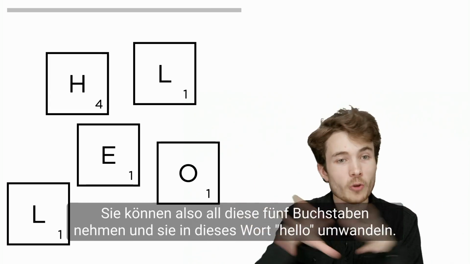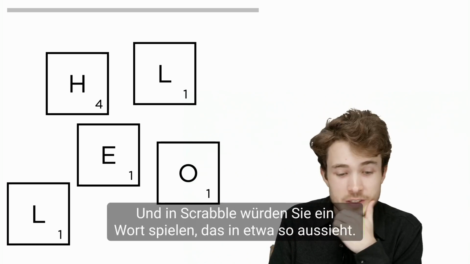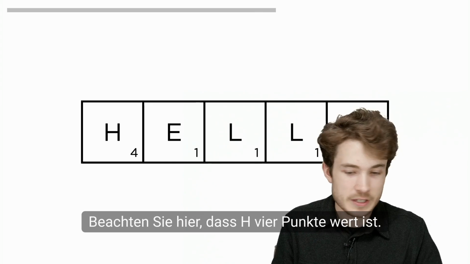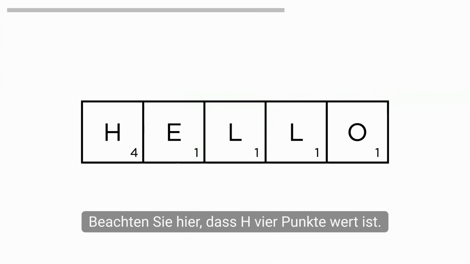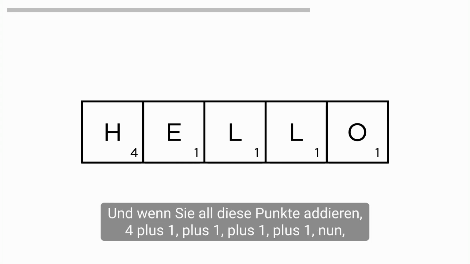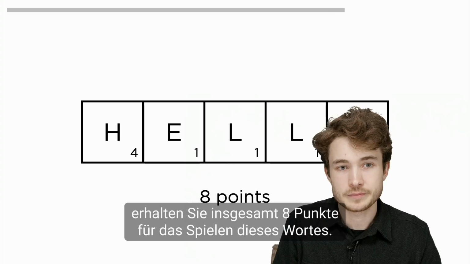So you could take all these 5 letters, convert them into this word hello, and in Scrabble you'll play a word that looks a bit like this. Notice here that H is worth 4 points, E is worth 1 point, L is worth 1 point, and O is worth 1 point. And if you add all these points up, 4 plus 1 plus 1 plus 1 plus 1, you get a total of 8 points for playing this word.